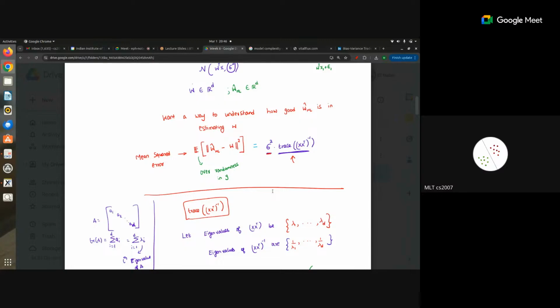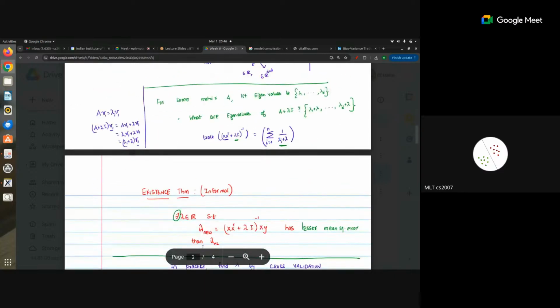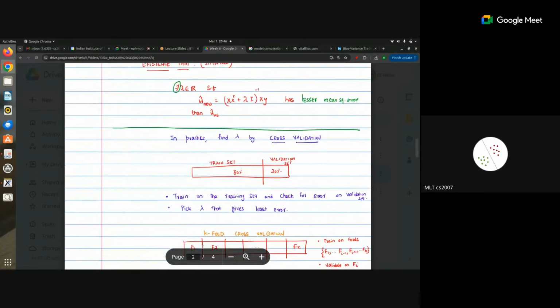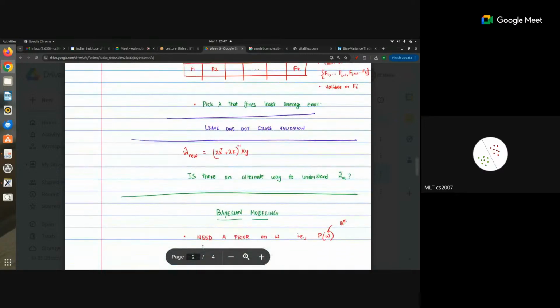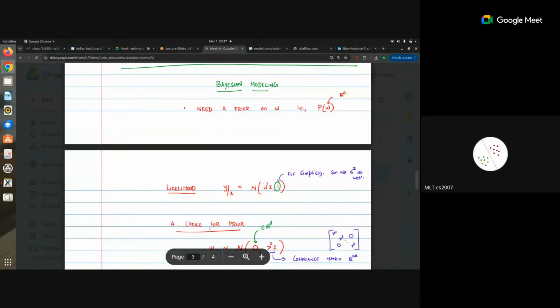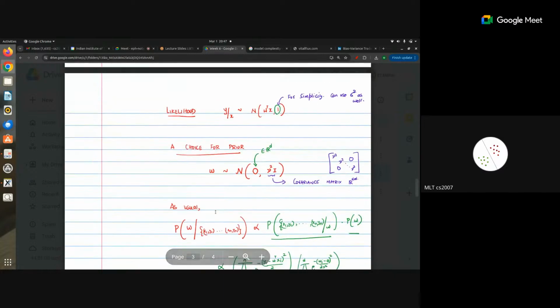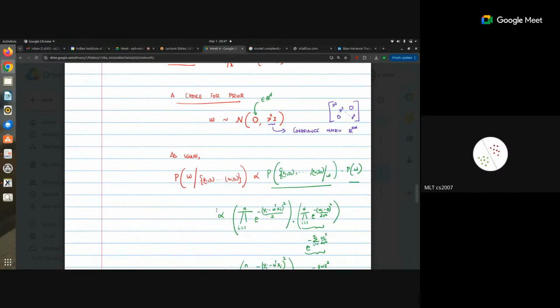If the values are getting closer and closer, that means your W hat ML is becoming the true W, which is our desired thing. If I get the true W, then only I am very confident about my predictions. Is that fine?